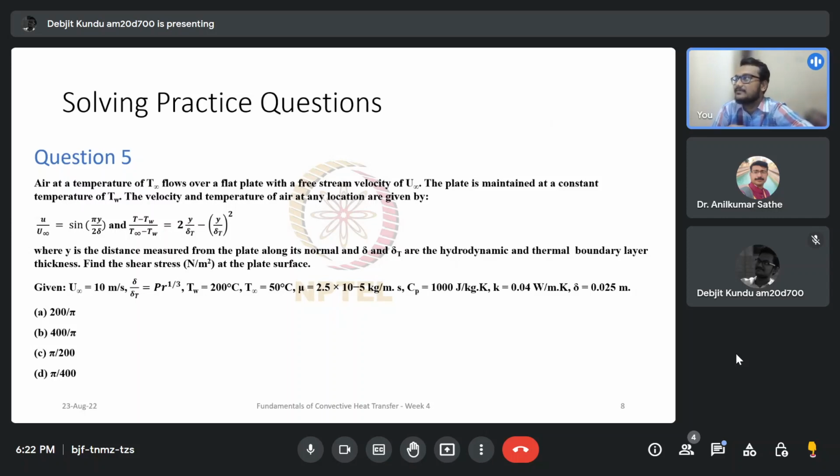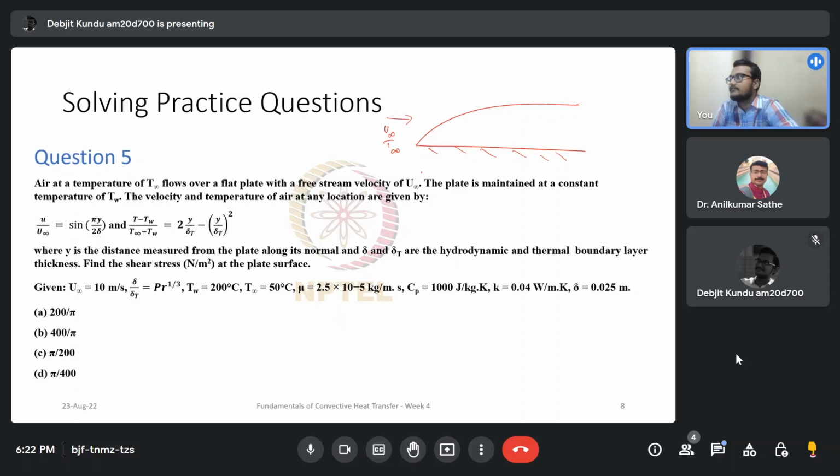So air at a temperature of T infinity flows over a flat plate with a free stream velocity of U infinity. The plate is maintained at a constant temperature TW. Let's keep drawing this as we read this question. So there is a flat plate, there is a free stream with velocity u infinity and temperature T infinity.